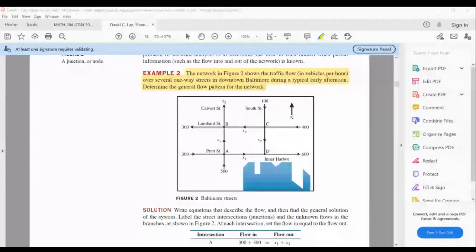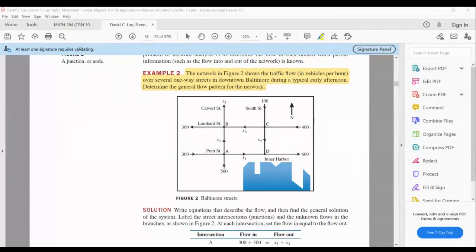What I'm trying to say is, on Pratt Street, you have flow inward and you have flow outward. What variables represent the flow outward on Pratt Street? Good, x1 and x2. That's right.